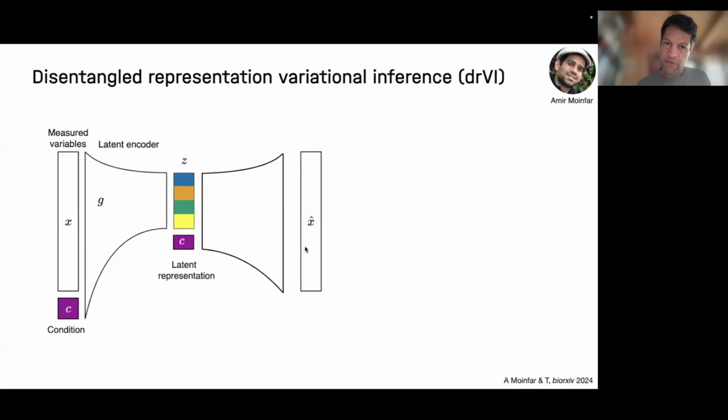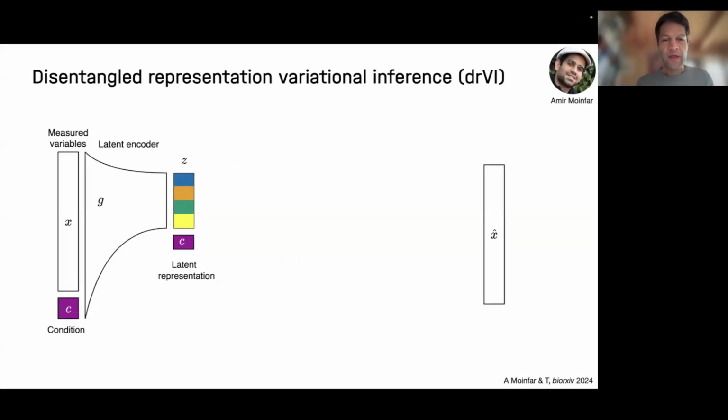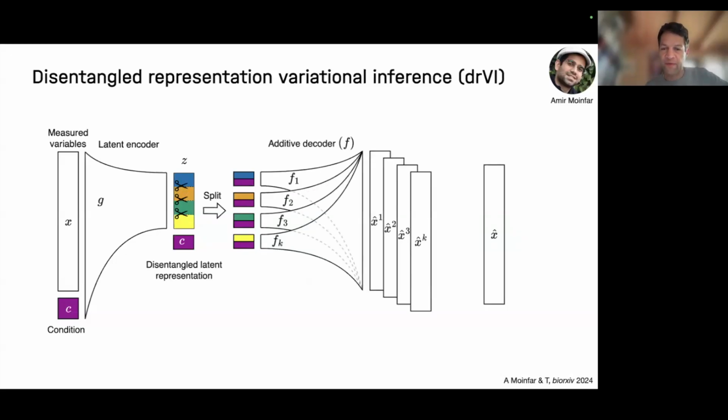We've also been having some more causal, or at least disentanglement type, extensions on it. This is exciting stuff from Armin, I think, where we've taken the same conditional variational autoencoder you saw before, but we've now cut the latent dimensions into subgroups and decode them individually. This is called additive decoders. There was a recent NeurIPS paper on it showing disentanglement.